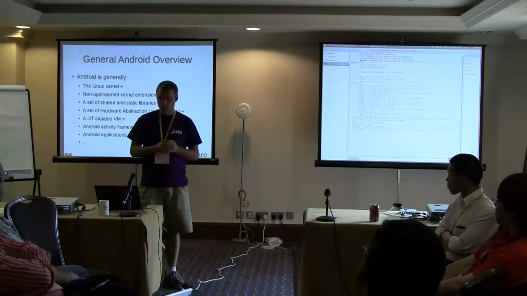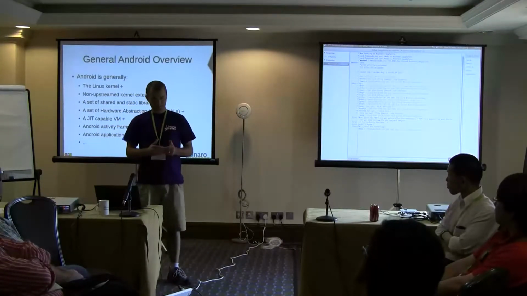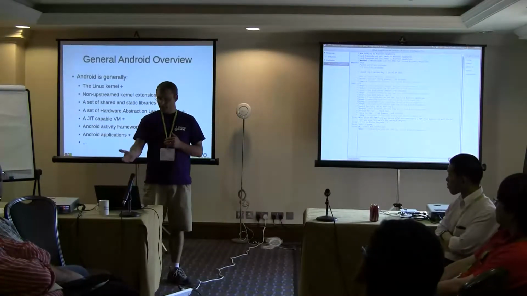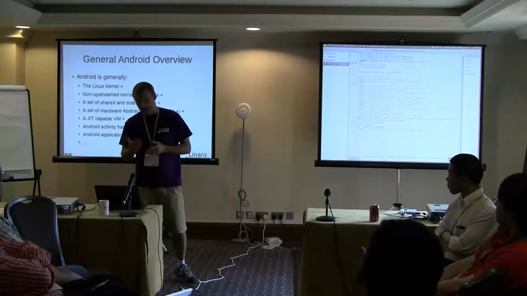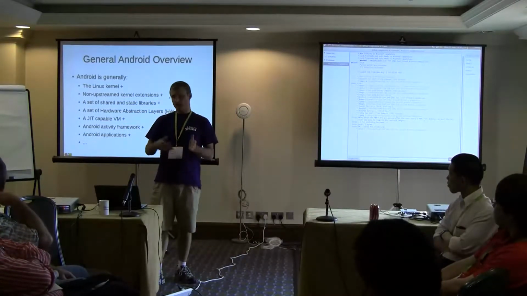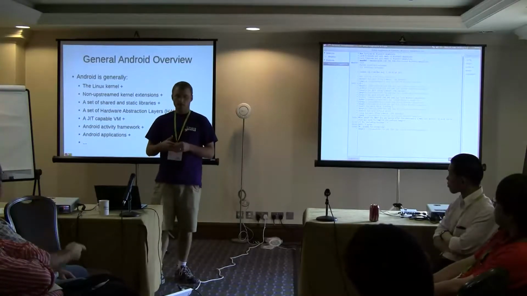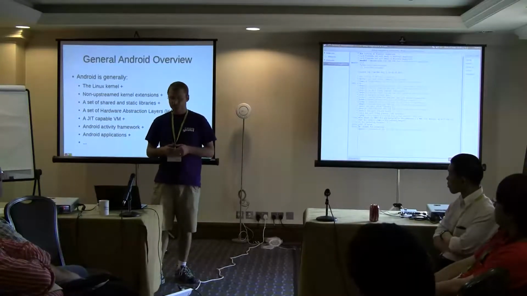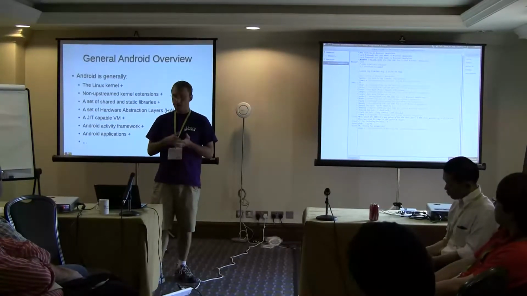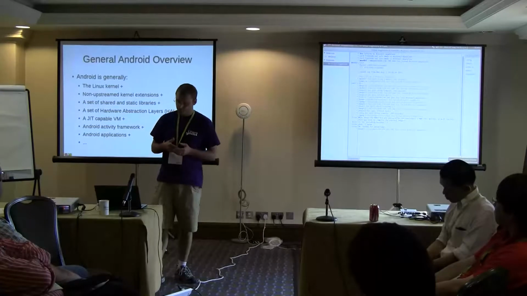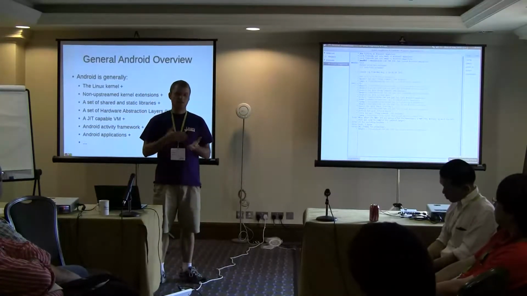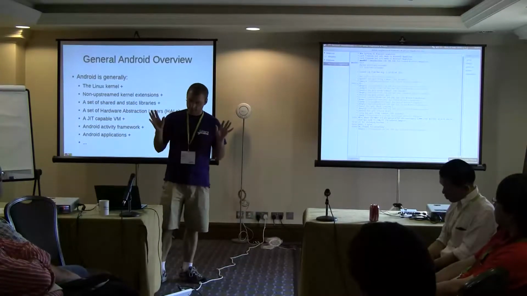All right. So what is Android? I've laid out the highlights here. Android is a framework, it's an operating system. When you get right down to it, you've got the kernel, you've got some non-upstream kernel extensions, you've got a set of shared and static libraries, pretty much standard libraries.